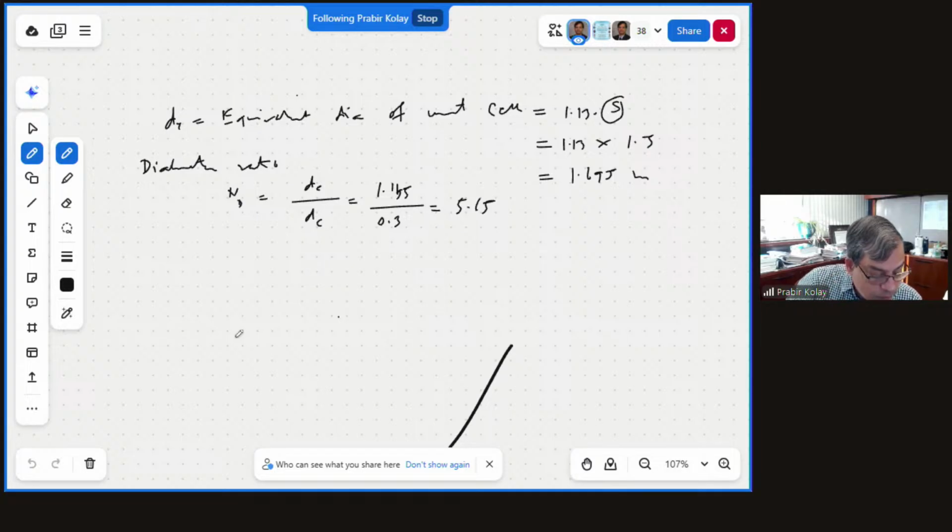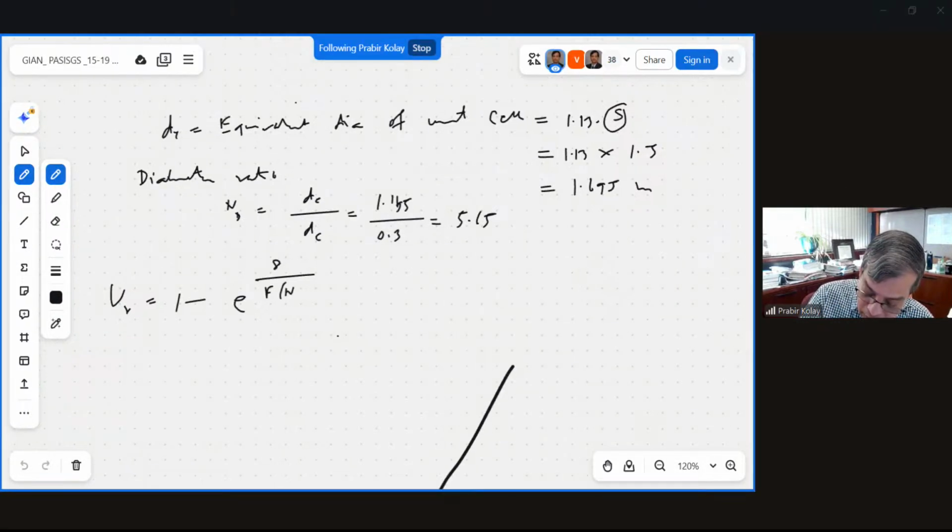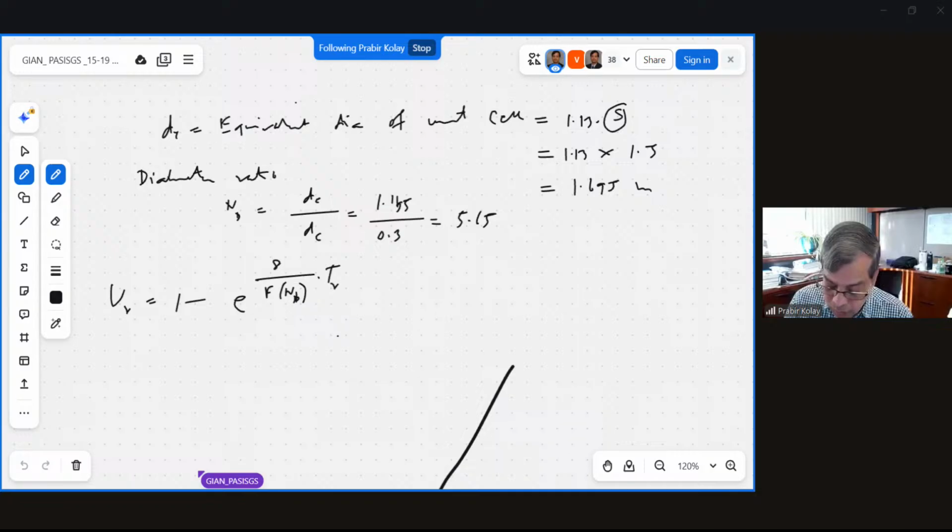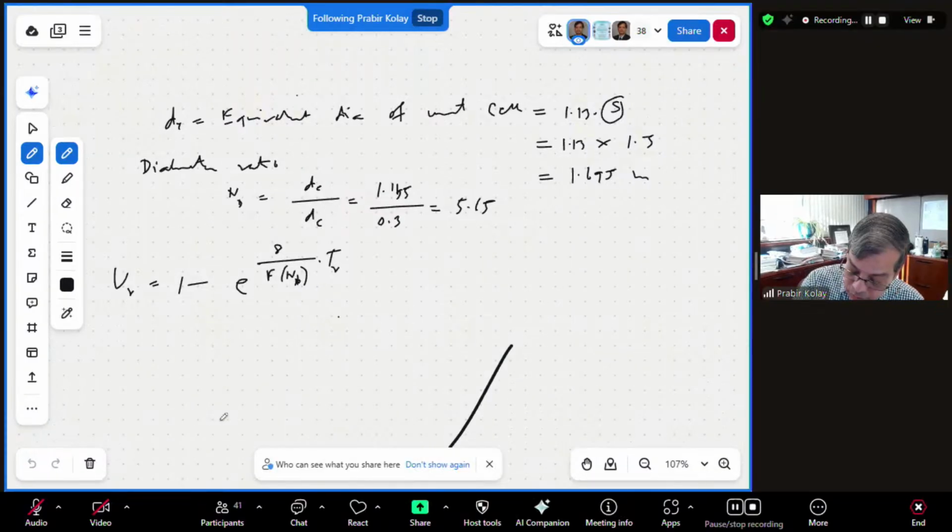So there is an equation for F and D, so we need to use that. Basically you need to use the degree of consolidation, UR is equal to 1 minus e to the power of minus 8 divided by F and D times TR. So what is F and D? There is an equation for that.